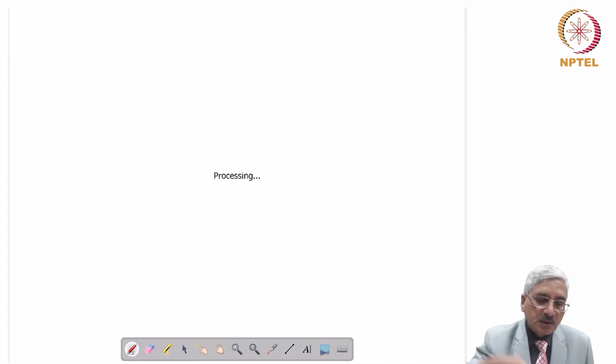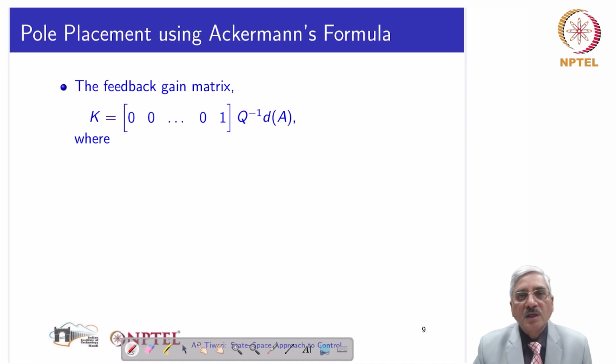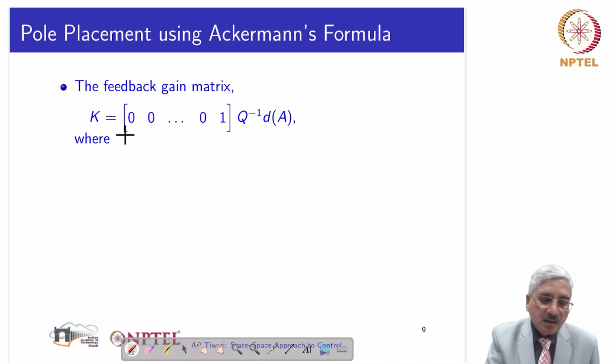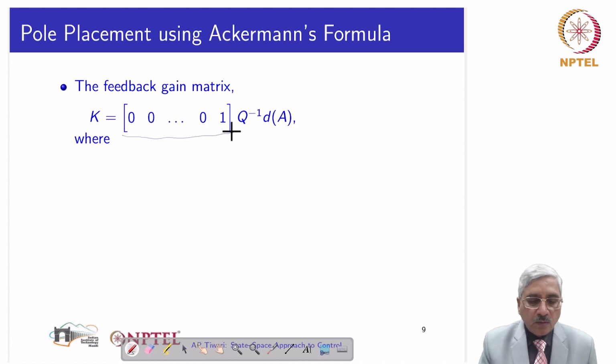So we first come to Ackermann's formula, and according to this formula the gain K is given by the row vector, all elements are 0 up to n minus 1, and the nth element is 1. Essentially it selects the last row of the matrix Q inverse.